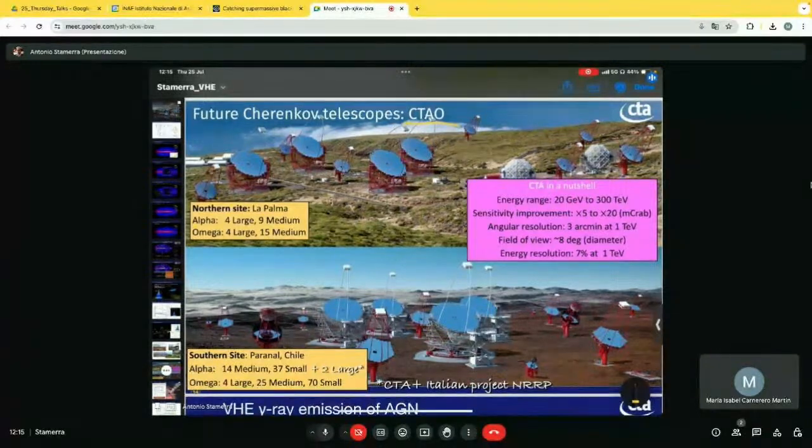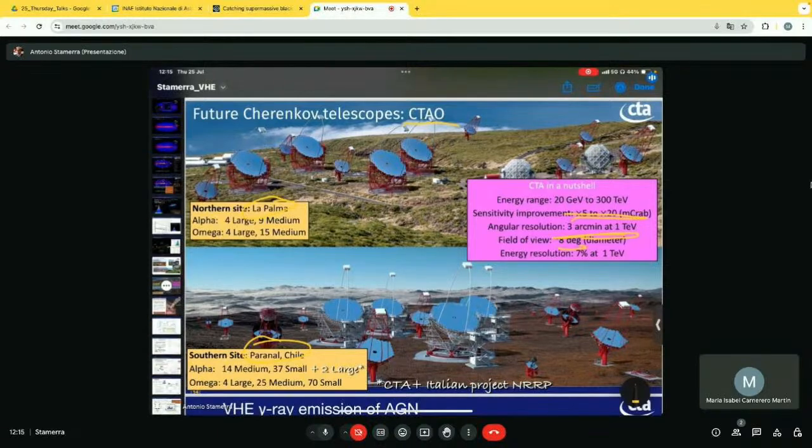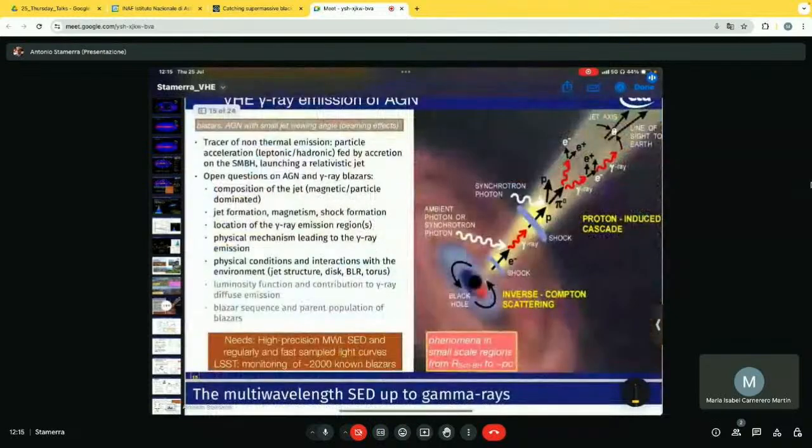This observatory will have two different sites, in the north in La Palma and the south in Paranal, and they will be composed of different telescopes, and they will improve the sensitivity up to a factor of 10, and also the angular resolution, which goes down to 3 arcminutes, and also the possibility to have a good field of view. All these conditions make CTAO a good instrument also to study AGN.